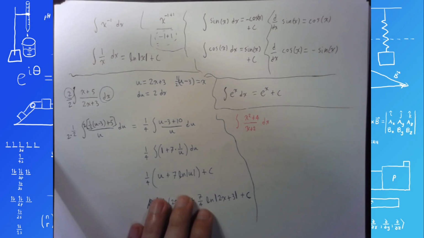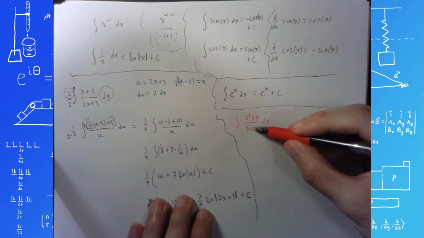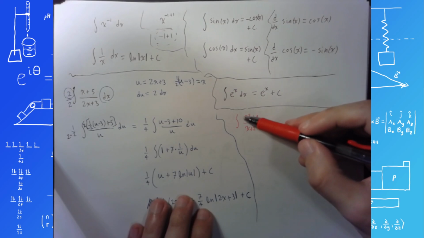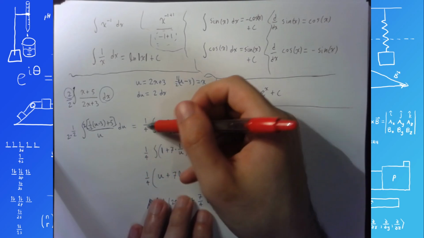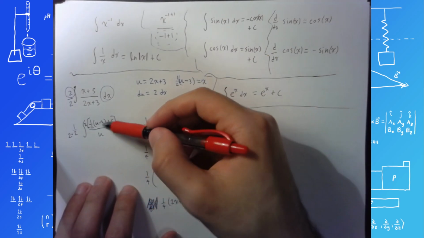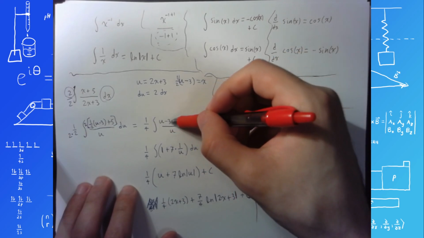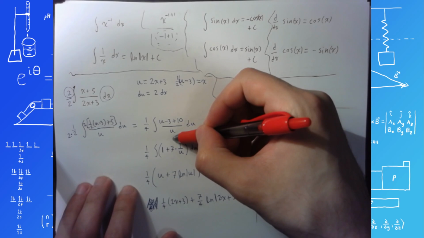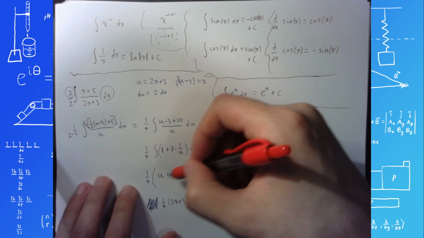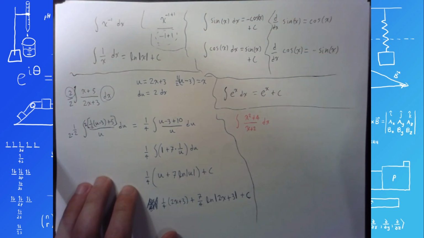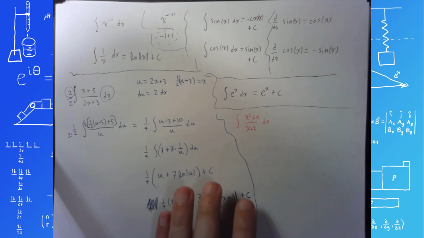I think I'm going to use x plus 2, because if I turn this into a u, I can replace this x with whatever it turns out to be, and I'm going to get something similar to what happened here: a sum of terms in the top divided by a u in the bottom that I can integrate easily.